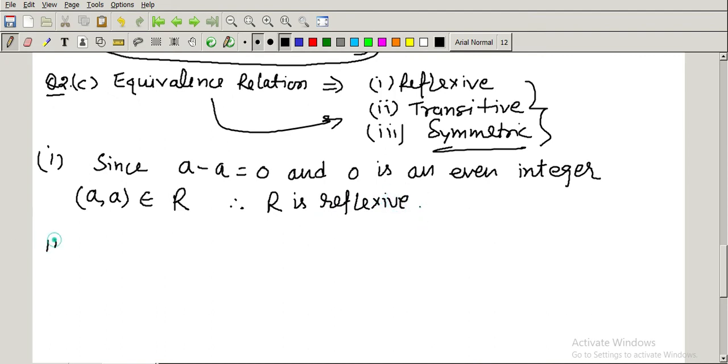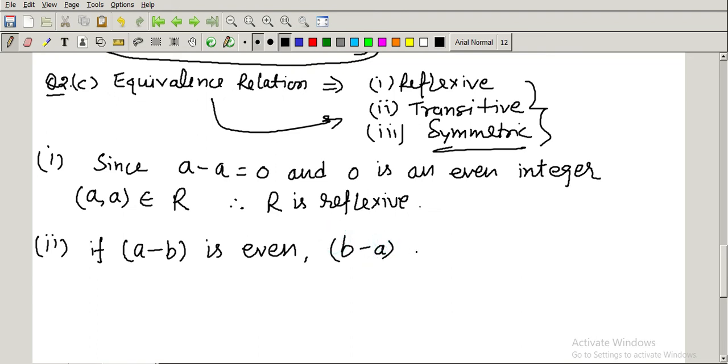And second जो आपका है, आप सिमेट्रिकली प्रूव करेंगे. तो सिमेट्री क्या होते हैं? If A minus B is even, जो कि आपको क्वेश्चन में बोला है, then B minus A भी क्या होना चाहिए? इवन.